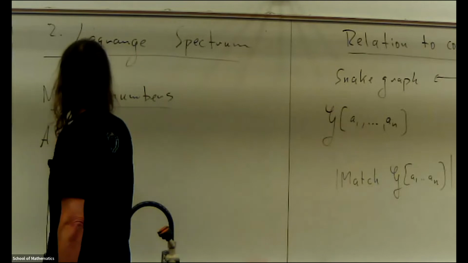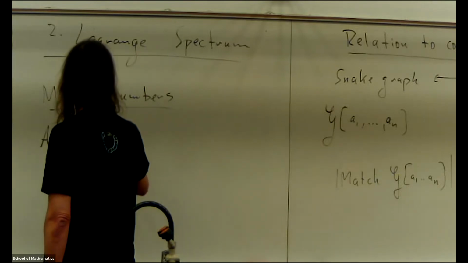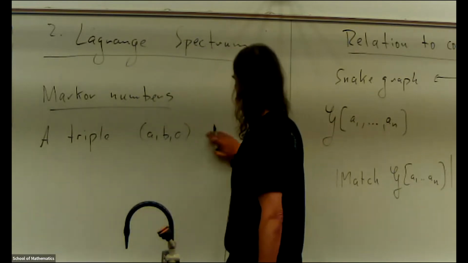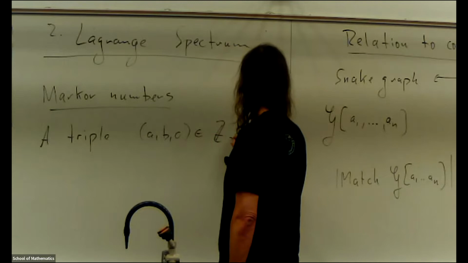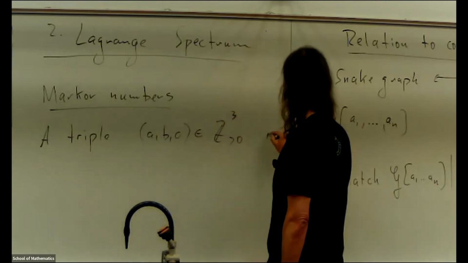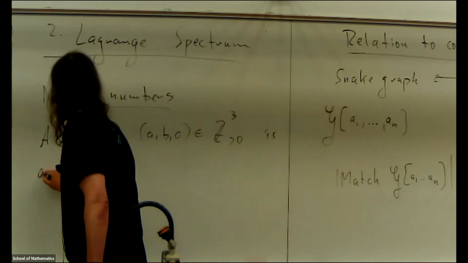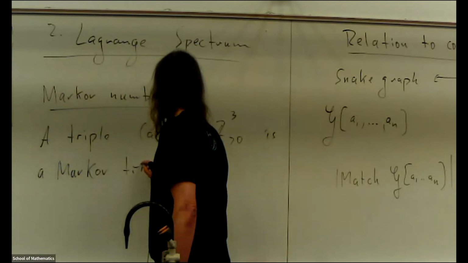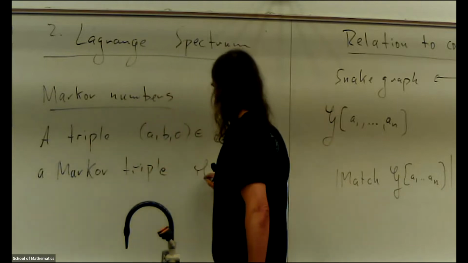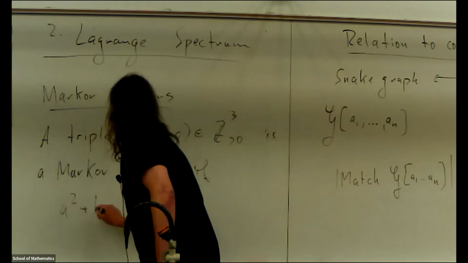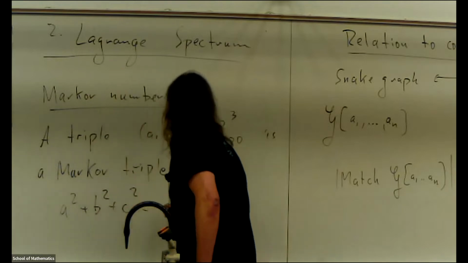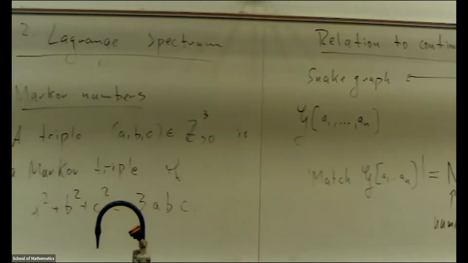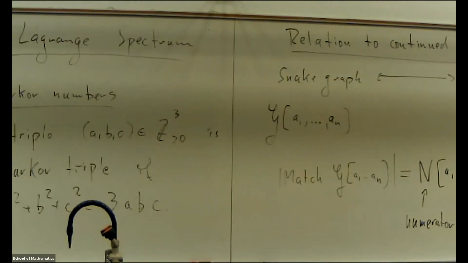A triple a, b, c of positive integers is called a Markov triple if a squared plus b squared plus c squared is equal to 3abc. That's the Markov equation. And here are some examples of these triples.